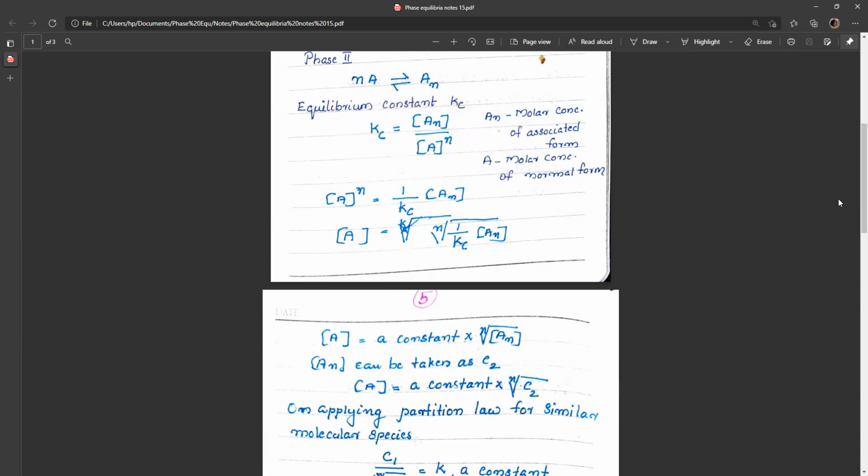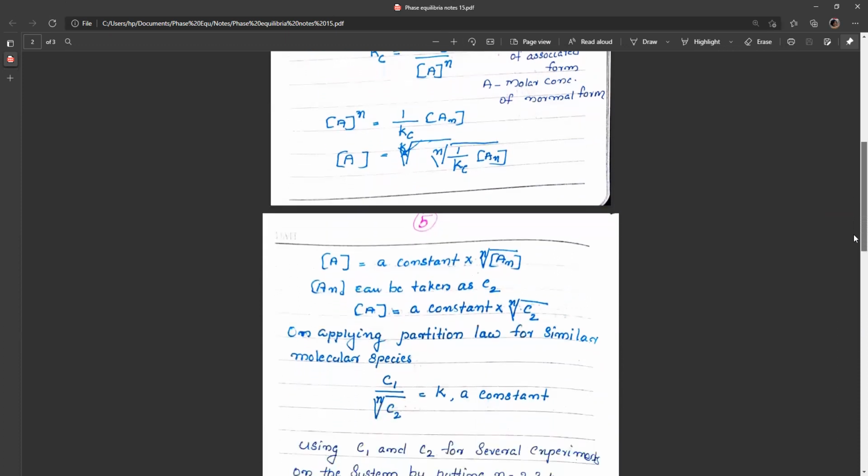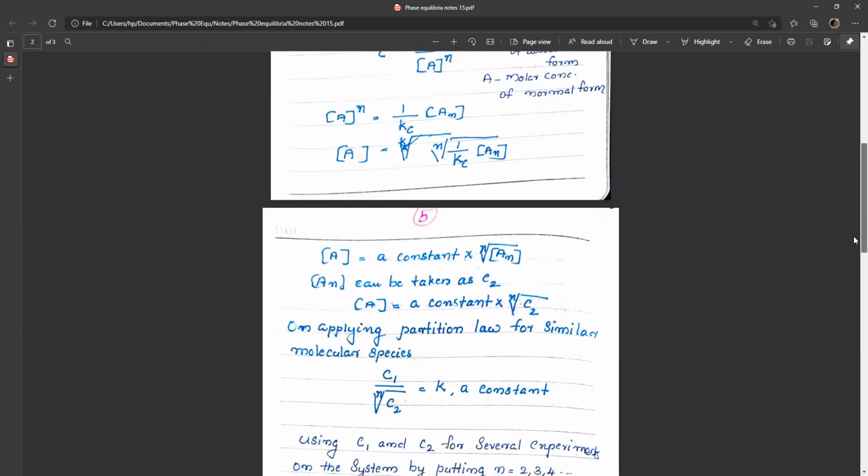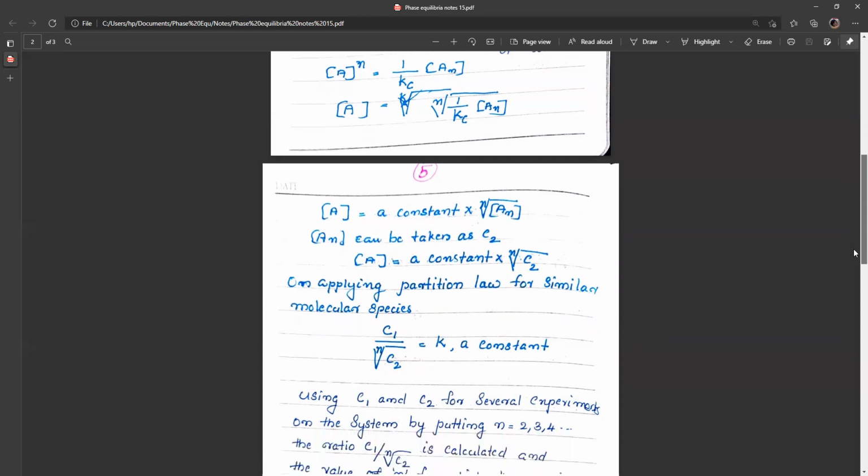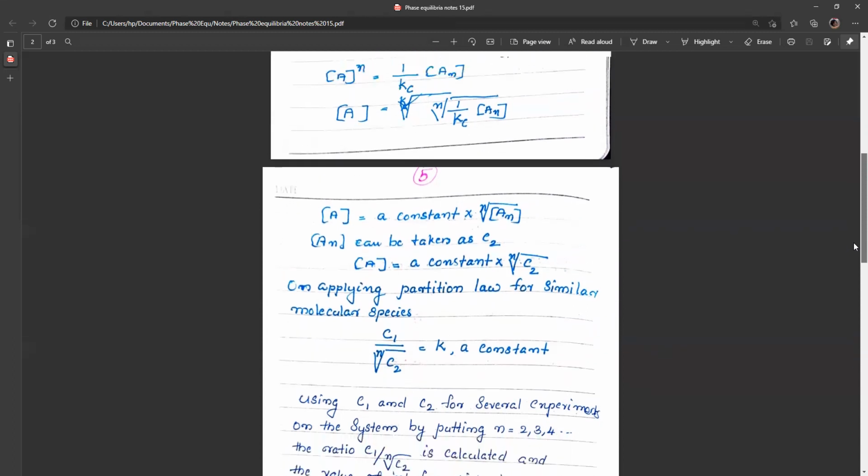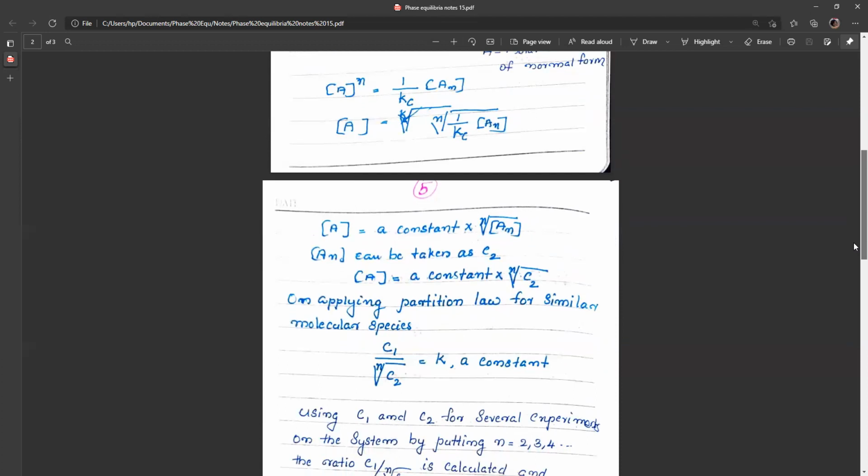So the concentration of A is a constant into the nth root of C2. On applying the distribution law for similar molecular species, C1, the concentration of A in phase 1, divided by the nth root of C2 is equal to a constant, and this is the distribution law that can be applicable to a solute which undergoes association in one of the solvents.